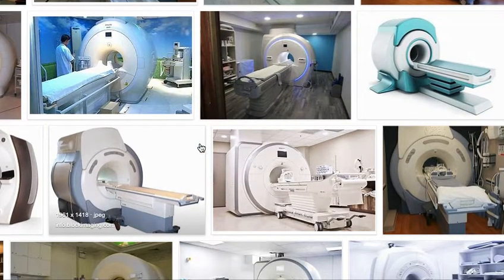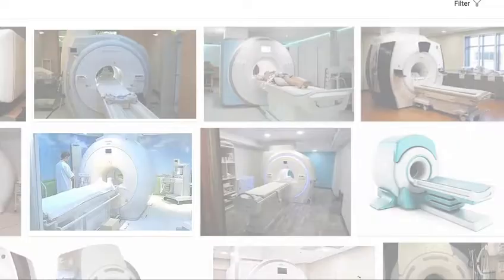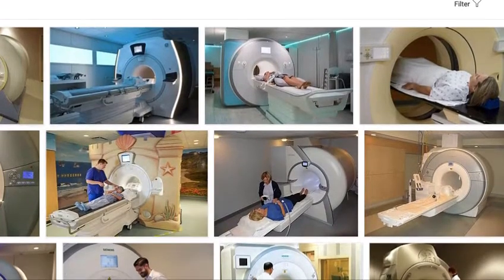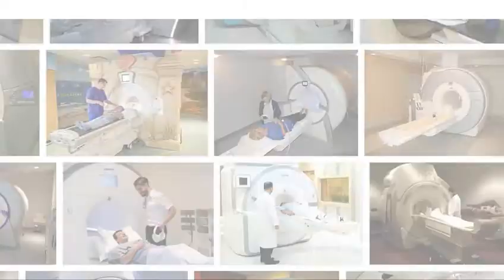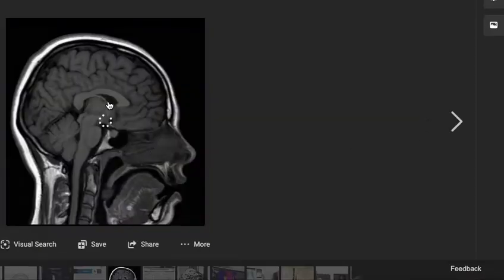This one is basically using a magnetic field with radio waves, and the scan appears similar to a CT scan like this one. Here they are showing you a parasagittal MRI of the head. Parasagittal means they take it halfway sagittal, right? So this is MRI.